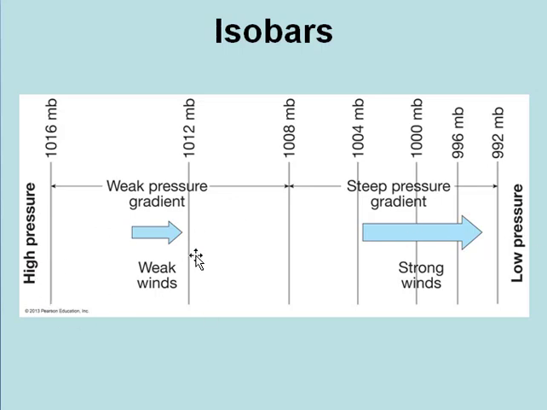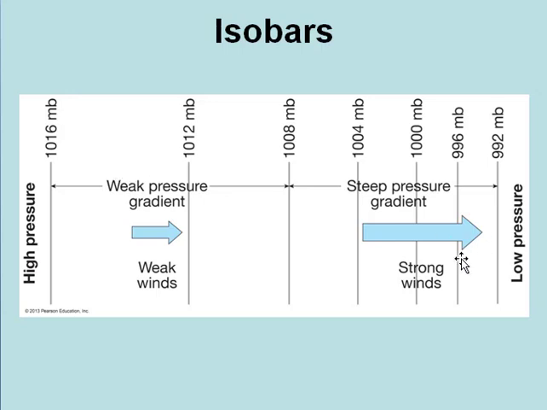Well, when the isobars are further apart from one another, we say that's a weak pressure gradient, and therefore the winds are weak because the differences in pressure per area aren't that great. So this is really just a 4 millibar difference.